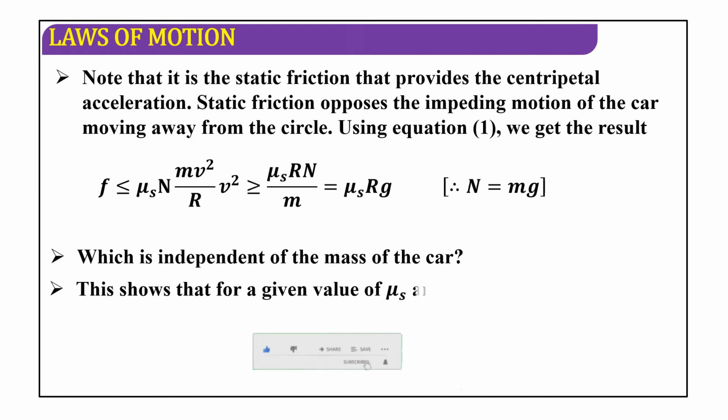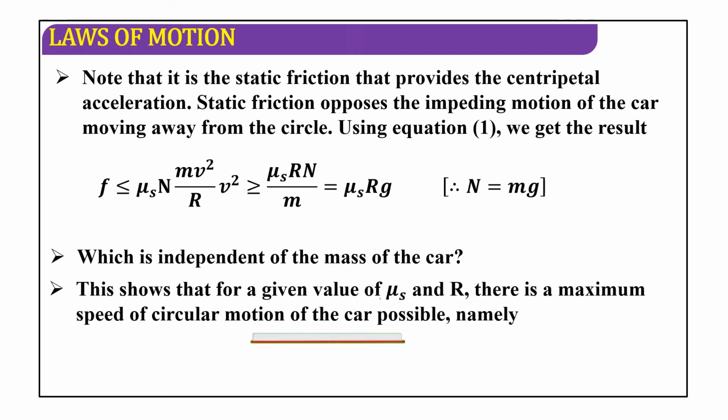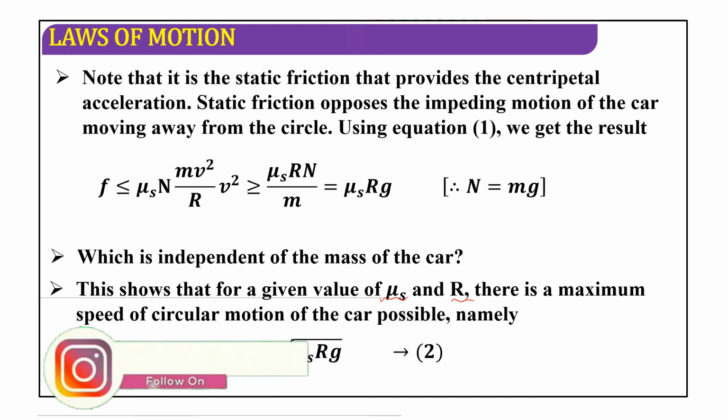This shows that for a given value of mu s and r, there is a maximum speed of circular motion of the car possible, namely V maximum equals square root of mu s r g. Consider this as equation number 2.